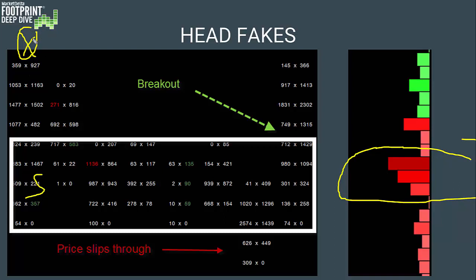When you have longs that are sellers because of all the absorption of the selling, why does it want to come back down? Because they're sellers. The market always sells it back down to where a lot of people got long and holds to where a lot of people got stuck short.